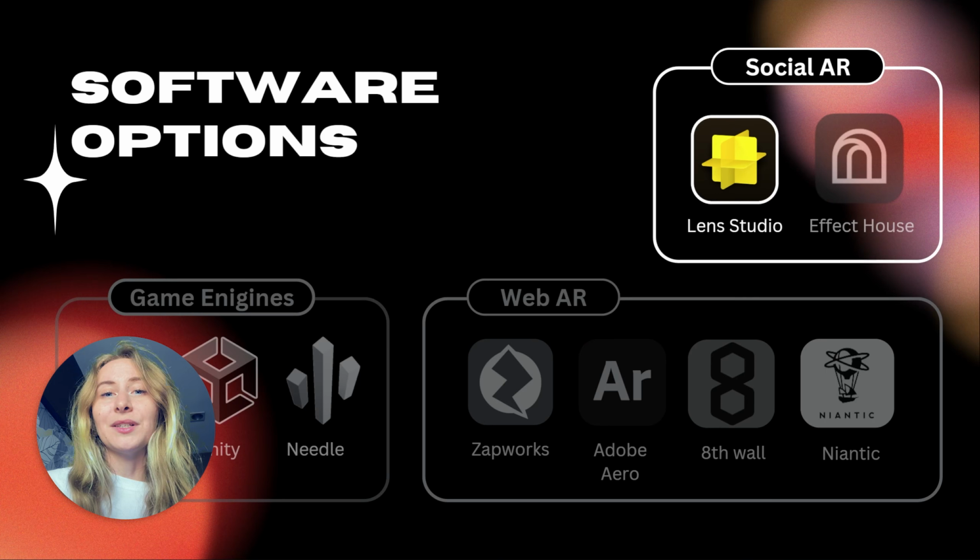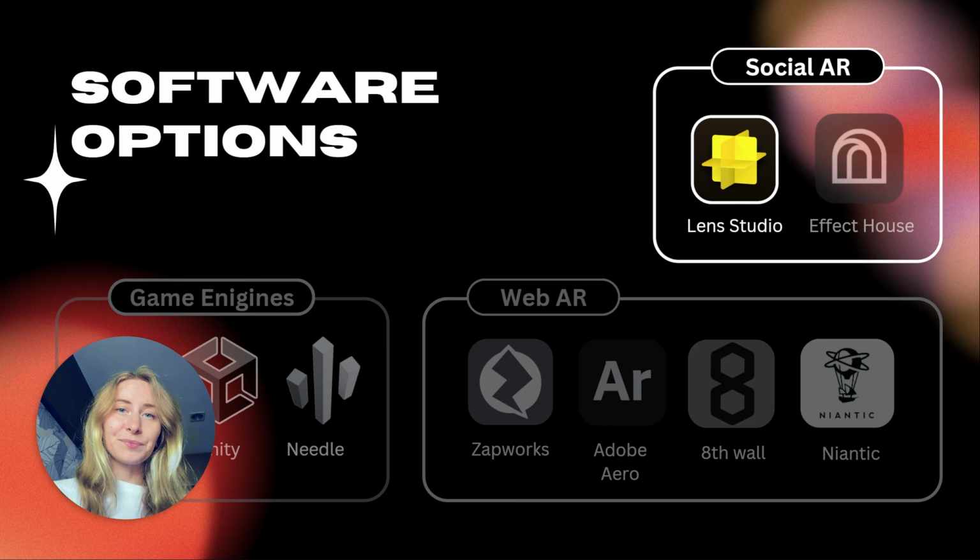You can share it immediately with your friends, or you can use it in an exhibition. And the AR effects also work in the browser. So even if the visitors of your exhibition don't have Snapchat installed, they can just scan a QR code and the browser opens and they can use the effect inside of there. So it's very accessible. And lastly, it's free, which is always good.